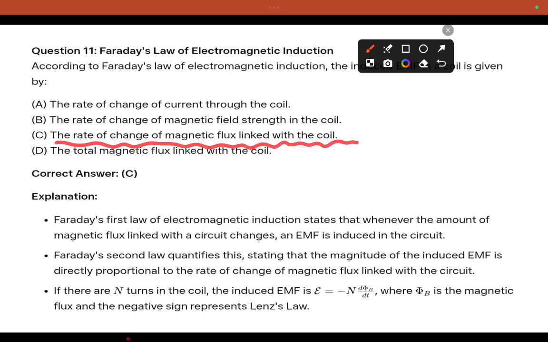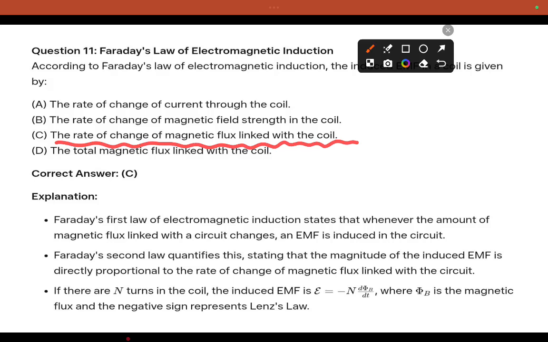Faraday's first law states that whenever the amount of magnetic flux linked with a circuit changes, an EMF is induced in the circuit. Faraday's second law quantifies this, stating that the magnitude of the induced EMF is directly proportional to the rate of change of magnetic flux linked with the circuit.